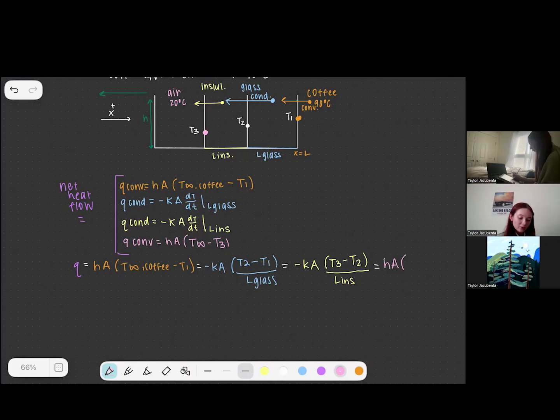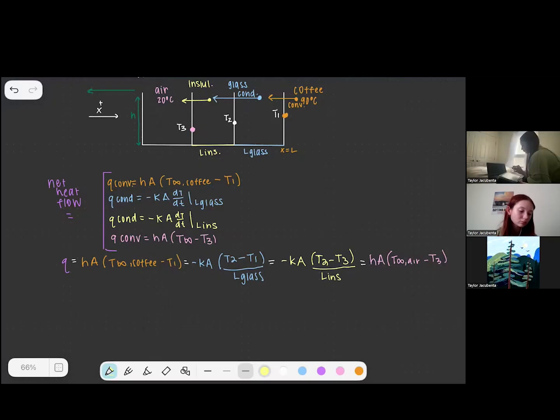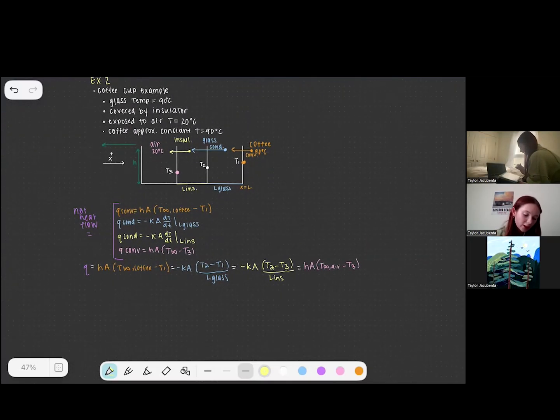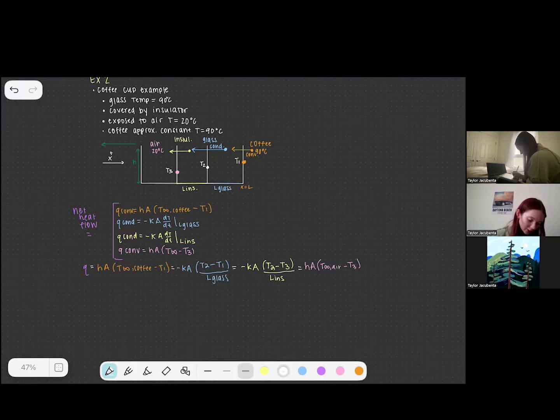And we're going to have T infinity of the air minus T3. And then we're going to keep looking at that and model it similarly to how we did up at the top, but I will draw the curves.